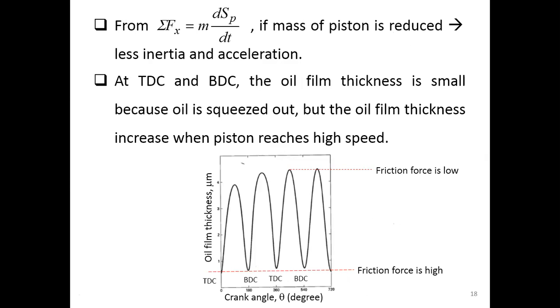pressure force. Now, from the summation of the force in the x direction, or from the force equation shown here, equal to the mass of the piston times the acceleration of the piston, these equations show that if we can reduce the piston mass, so we make our piston lighter, that means we will have less inertia, and the force in the x direction is reduced.